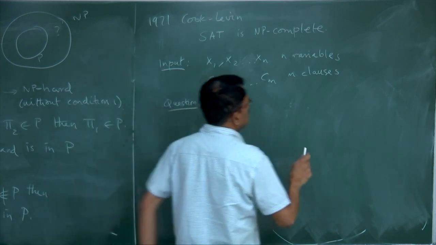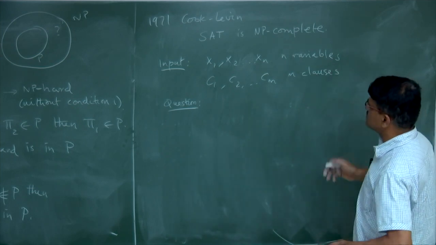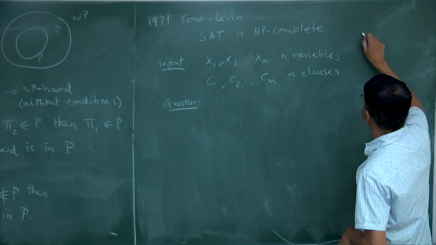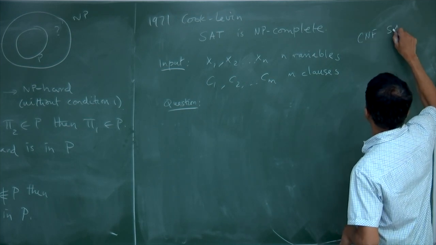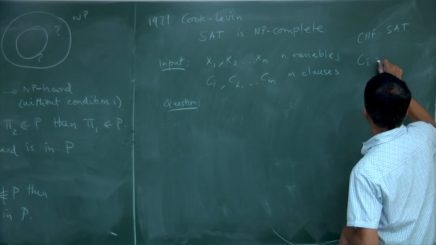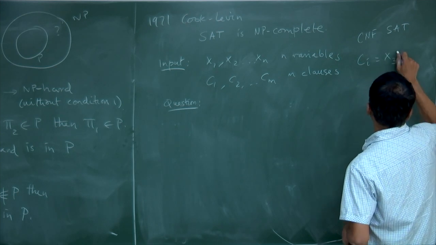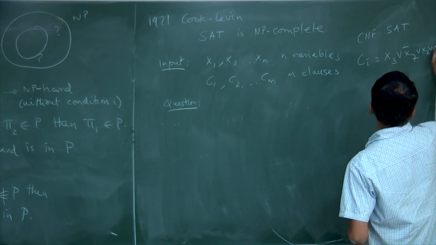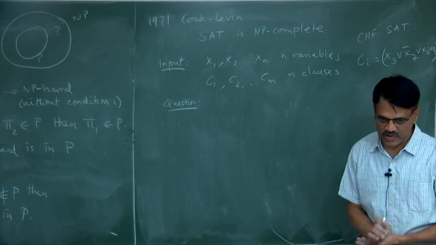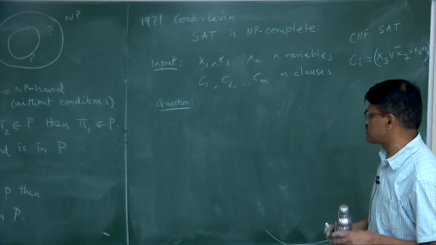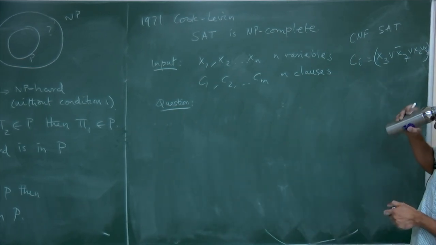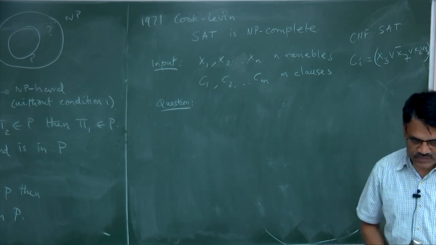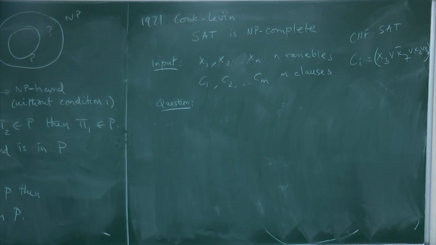So, what is a clause? Again, I said simplest because what they showed is a very general version of SAT, but let us look at the CNF version of SAT. So, a clause Ci would look like this: it is a collection of ORs of literals. These Xi's or Xi bars are called the literals, and CNF stands for conjunctive normal form.